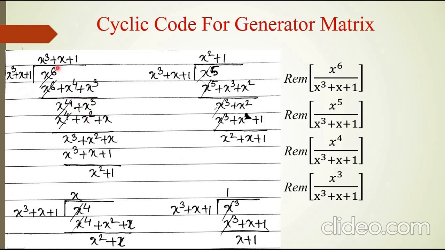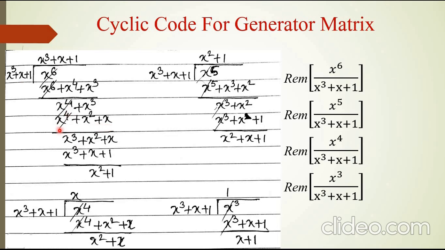Now, it is x to the power 4, so we just need to multiply x with this. Here it will be x to the power 4 plus x squared plus x.